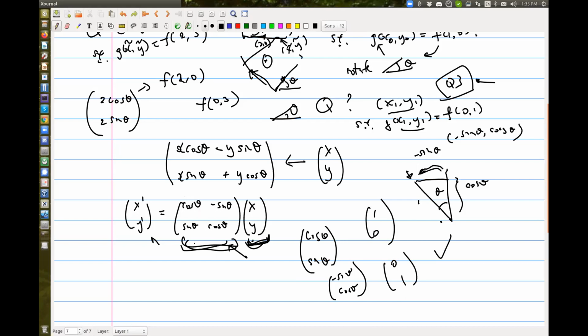For this value, it is this one multiplied by x, and this one multiplied by y. More conveniently, you can think of this as a vector of vectors: this block here multiplied by x plus this block here multiplied by y.